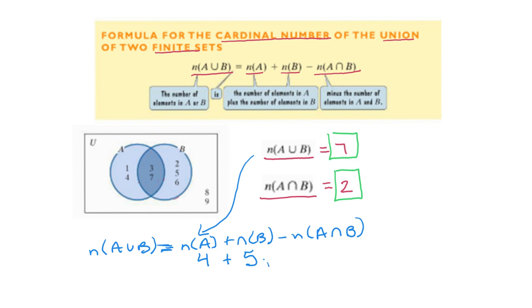We're going to subtract the cardinality of A intersect B. Now the intersection contains exactly 2 elements, the number 3 and number 7, region 2. So if we take 4 plus 5 minus 2, you're going to get 9 minus 2, or 7 elements, and it matches.